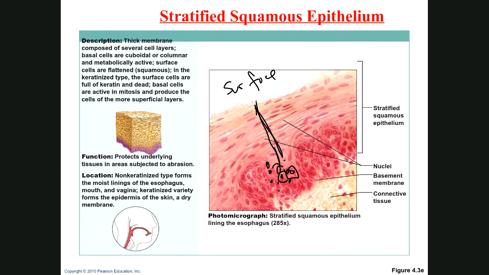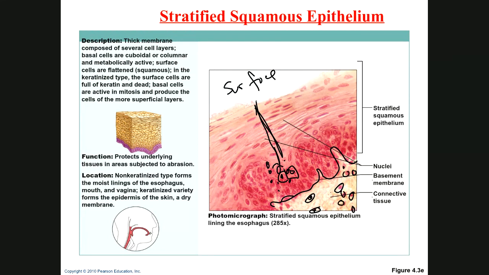So you can see how that ends right about here. And the cells down here, this is a nucleus, that's a nucleus, meaning there's a cell here, another cell here, and another cell here.